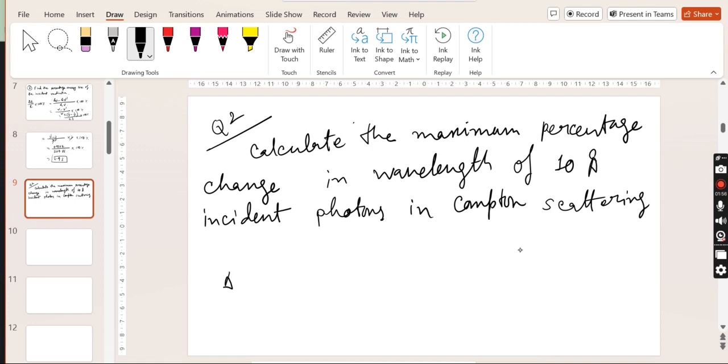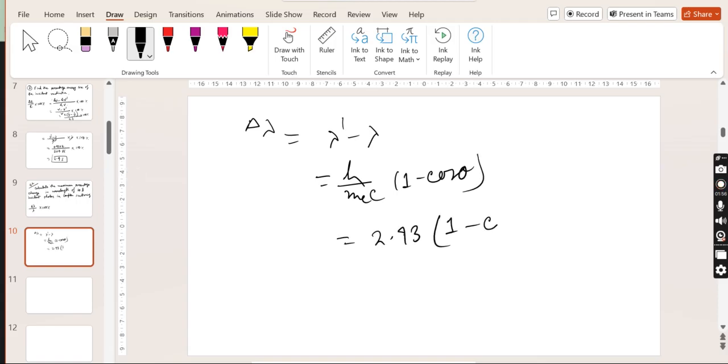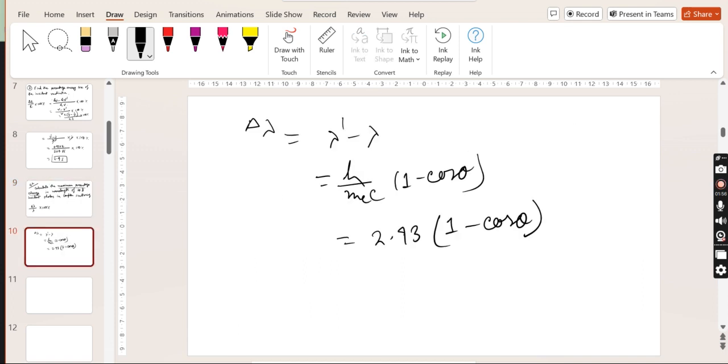Here, instead of delta E by E, we need to calculate delta lambda by lambda into 100%. We know delta lambda is equal to lambda dash minus lambda, which is h by m_e c times (1 minus cos theta), that is 2.43 Compton wavelength times (1 minus cos theta). Here we have said maximum percentage change. The maximum change happens when cos theta is minimum, that is minus 1.